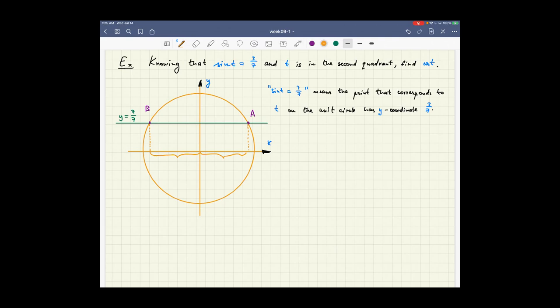So which point do we want? Which angle t do we want? Well, if we were to take this angle t, then this distance would be cosine t, but that is wrong because t is not in the second quadrant.